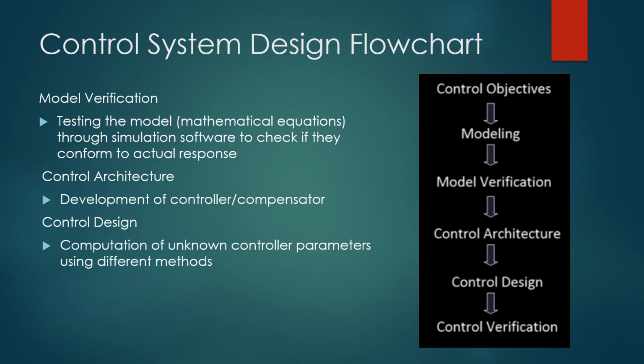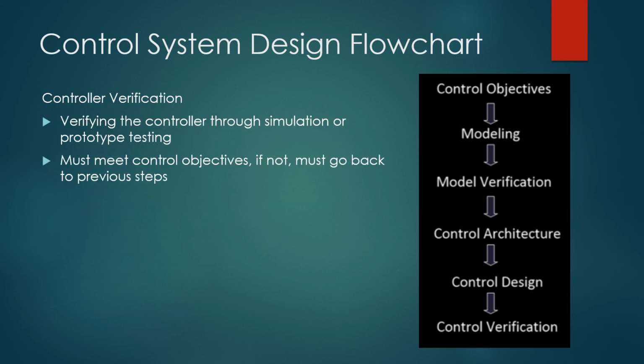Once the development and the design of the controller has been done, the last step is to verify the controller. It is assumed that all parameters have been computed, and the controller would be verified either through simulation, again, or through building a prototype and testing that prototype.